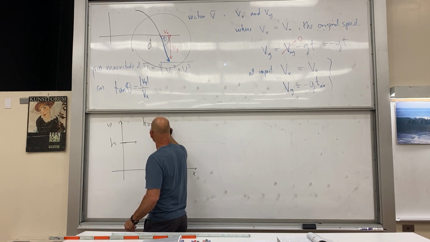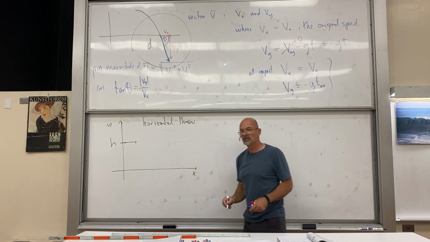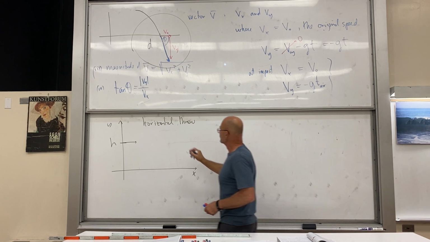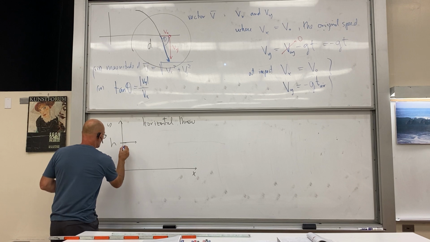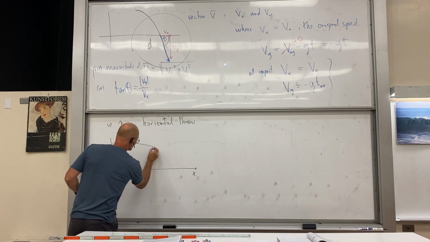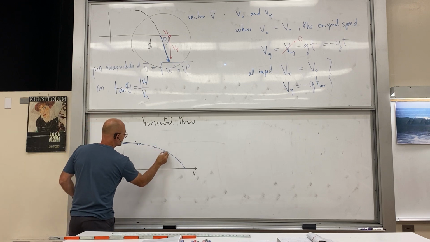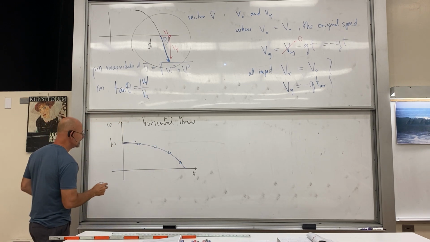I'll go ahead and label this horizontal throw. We know that goes in this kind of an arc here. Strikes the ground right there at distance d.